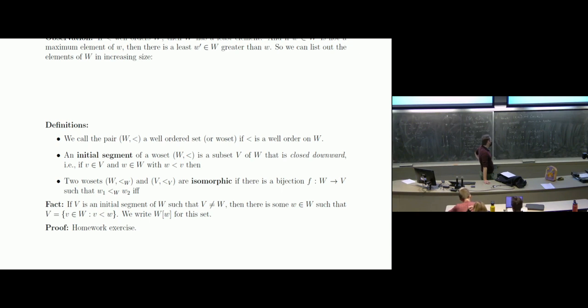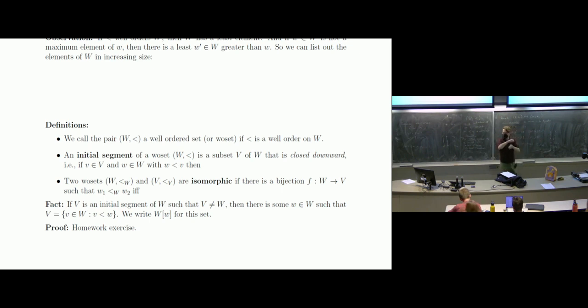Okay, so there are some things we can prove about isomorphic linearly ordered sets. For instance, if a set is finite and linearly ordered, and you have another set which is finite and of the same size and linearly ordered, they're necessarily isomorphic. So for linear orders, there's only one way to linearly order 3 elements up to isomorphism.